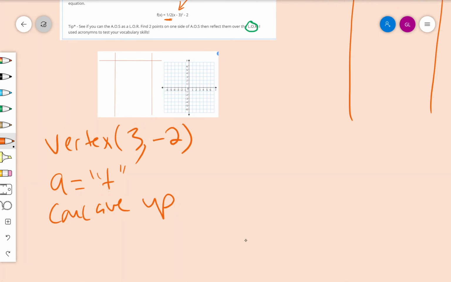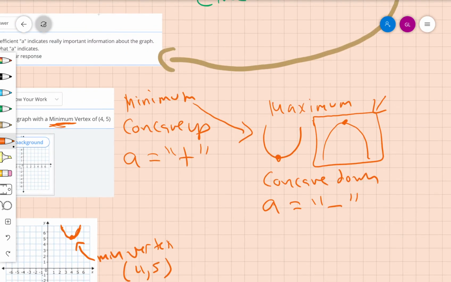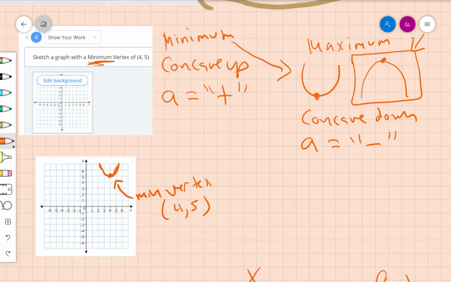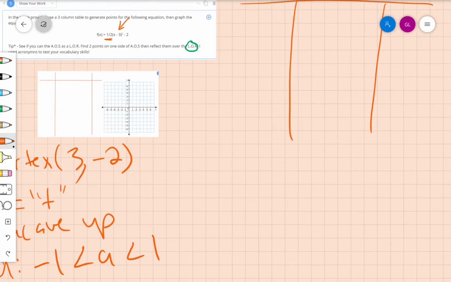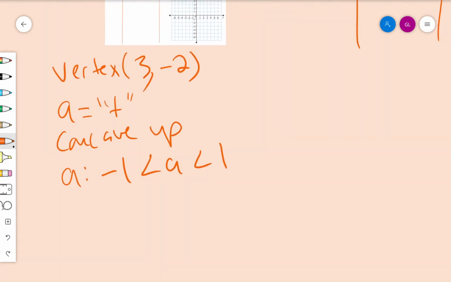We also have the leading coefficient is a value that is in between -1 and 1. I'm sorry, you guys. Yeah, so it's in between -1 and 1, right? A is just one half, in between -1 and 1. That means that we're going to have what? A vertical shrink.